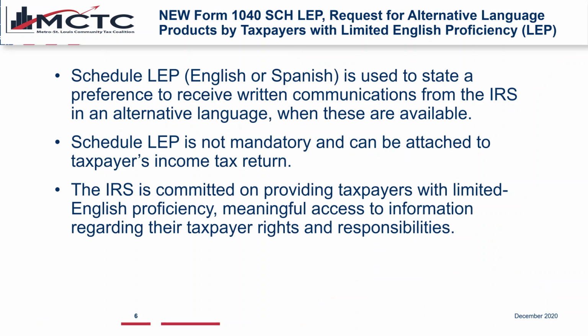Schedule LEP is going to be a form that will allow the client to communicate with the IRS, telling the service that they would like their notices sent to them in their native language.